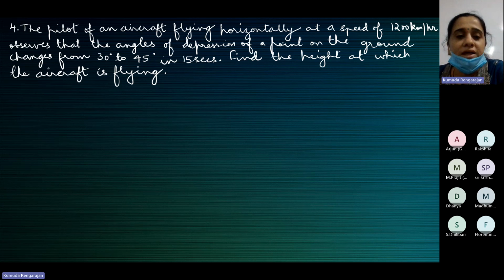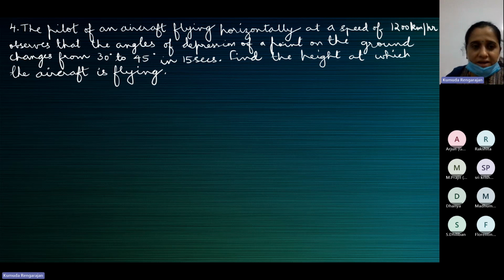So the pilot of an aircraft flying horizontally. Okay, he is flying horizontally at a speed of 1,200 kilometers per hour. The pilot observes that the angles of depression, obviously, since he's flying high in the sky and looking down at an object, it's angle of depression.